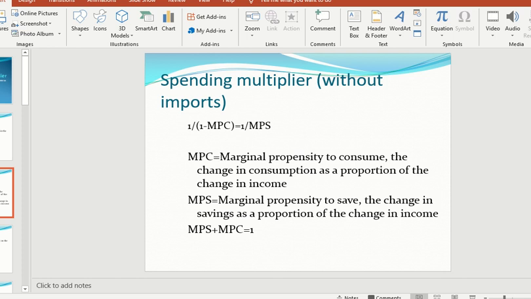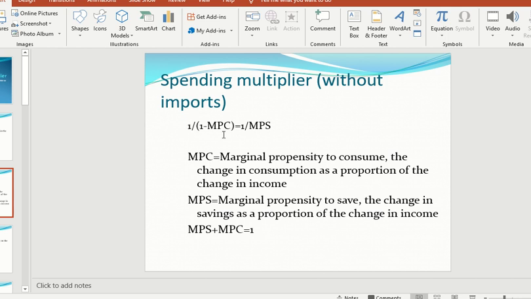So what we have just learned is the formula for the spending multiplier: 1 over 1 minus MPC. This is the simplest, basic form of the spending multiplier, in the sense that we have not taken into consideration the effect of foreign trade or imports. That means we're considering a closed economy.